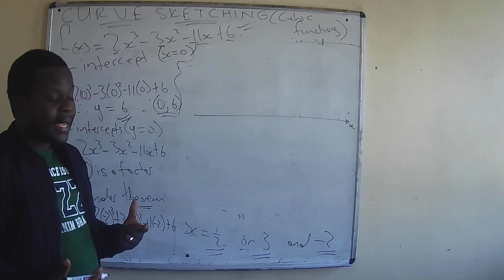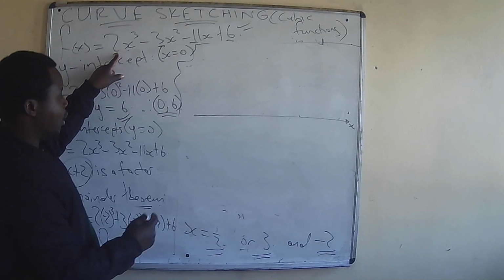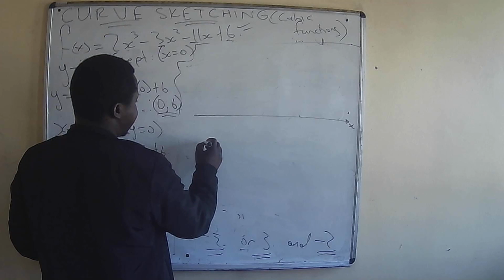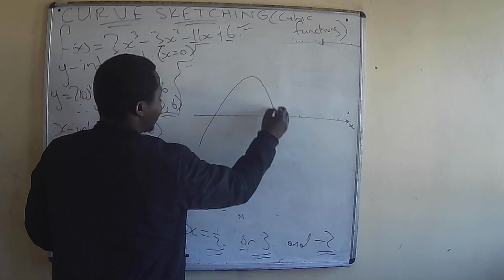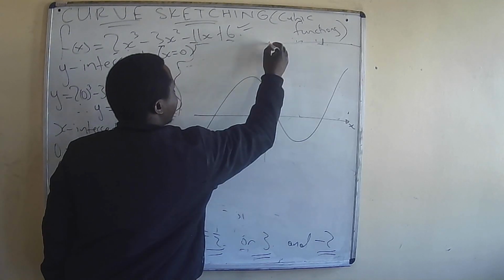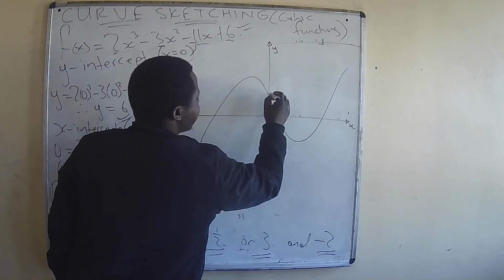Because we know that a was positive, we know our graph is going to start from this other side, and we have our graph, which is this one, with the y-intercept and x-intercepts.